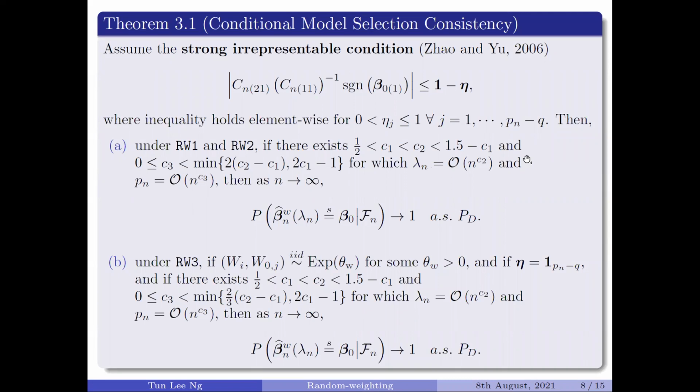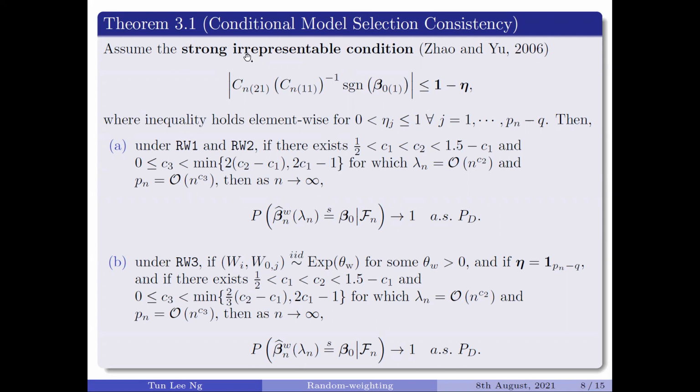So here's our main result. The first result concerns conditional model selection consistency, which is a property that the Bayesians are interested in because we want to know if the posterior distribution of our Bayesian model actually concentrates at the true set of variables. And in this case, we prove that our random weighting samples actually do have this nice property.